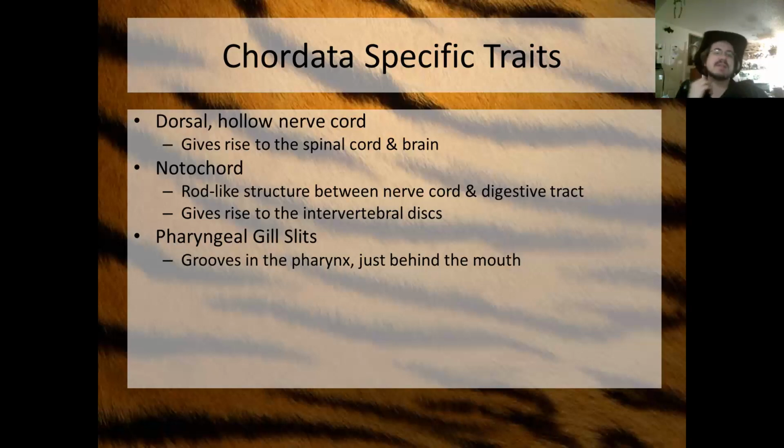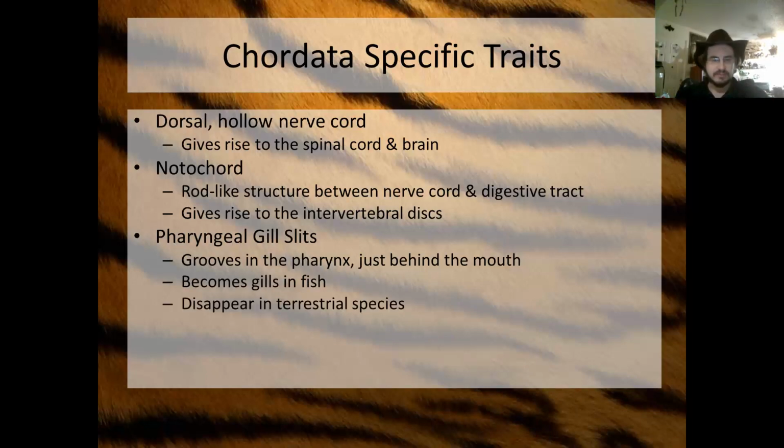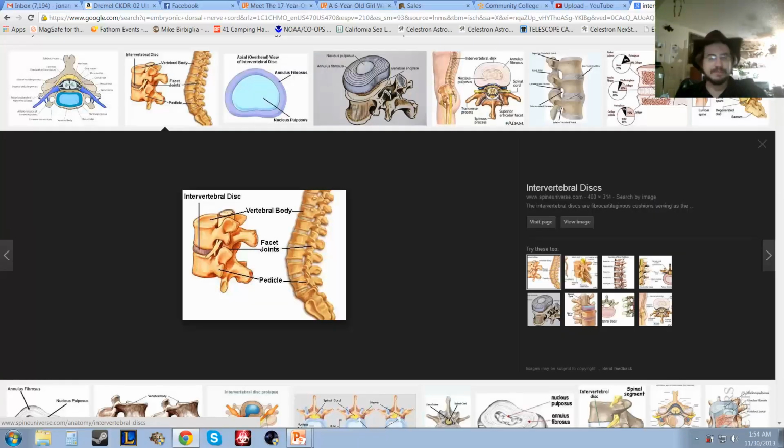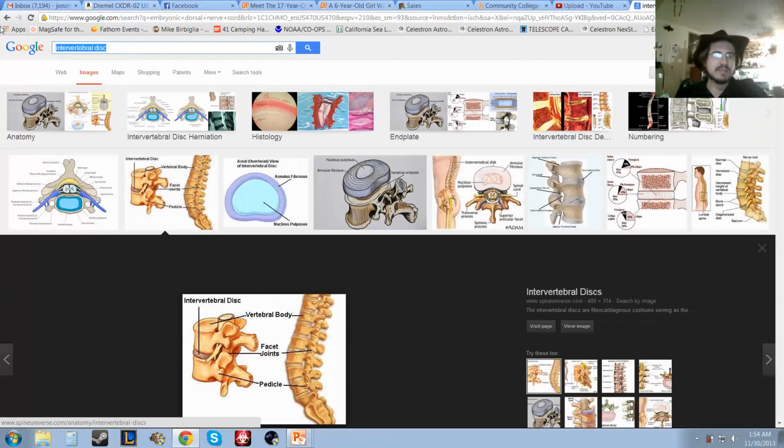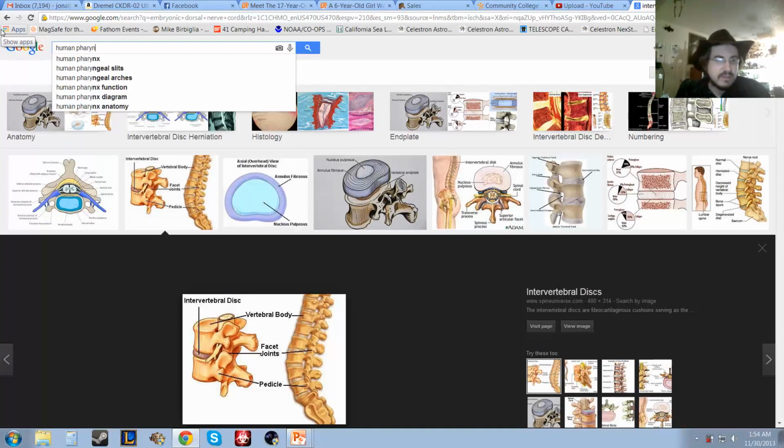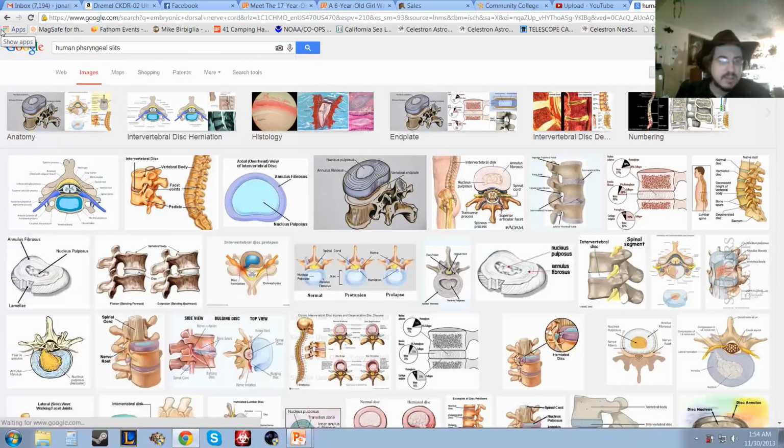That's the pharynx, and there are pharyngeal gill slits just behind the mouth, little grooves in the pharynx. In fish, they become the gills. In terrestrial species, they straight up disappear during embryonic development. So let's do this: human pharyngeal slits.